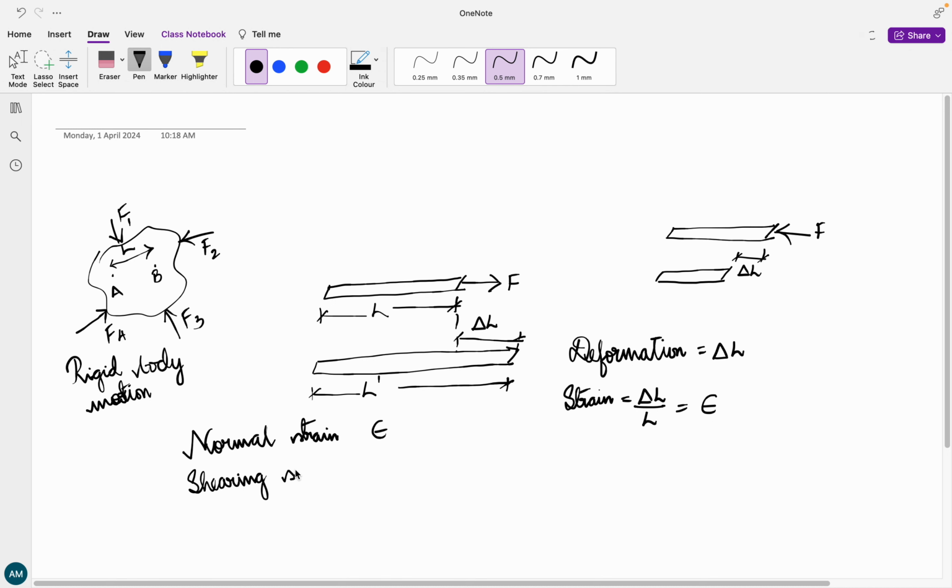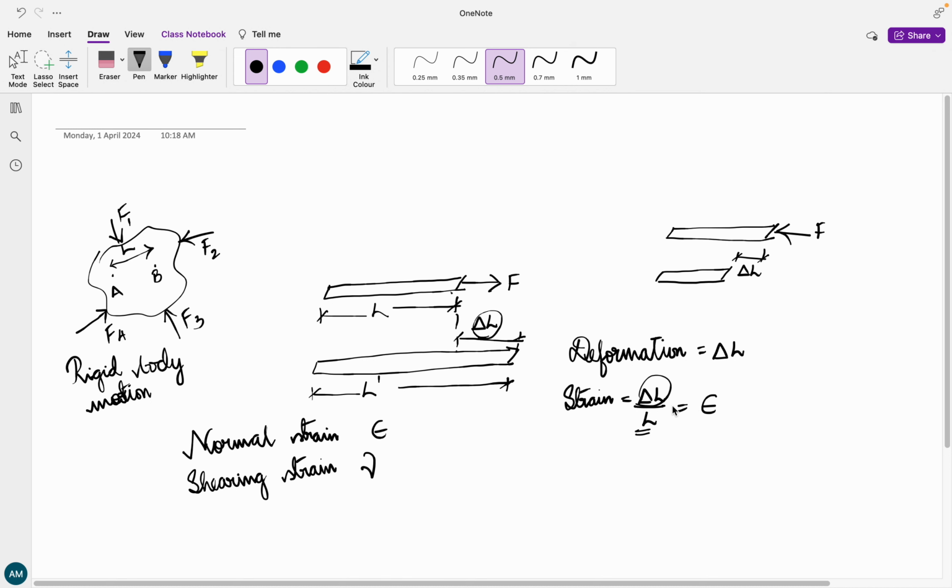Just as we had normal stress and shear stress, similarly we have normal strain as well as shearing strain. Shearing strain is represented by gamma. The normal strain is defined as the change in length of a small line segment divided by the total length of the segment.